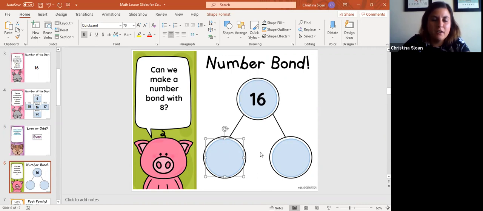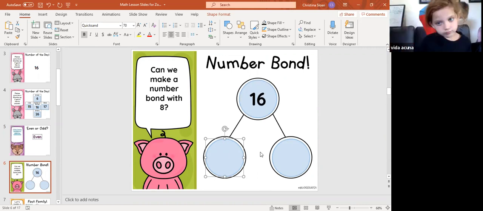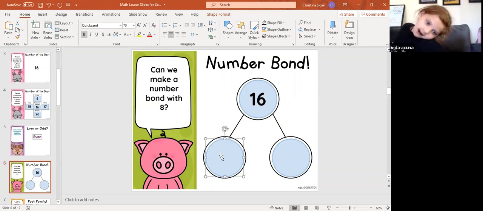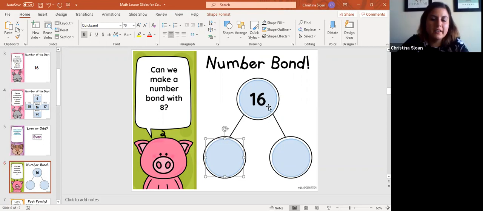Do you remember? Can we cut it in half into two equal parts? Perfect. And do you remember what the two equal halves are? It's one of our doubles facts. Yeah. What plus what gives us 16?